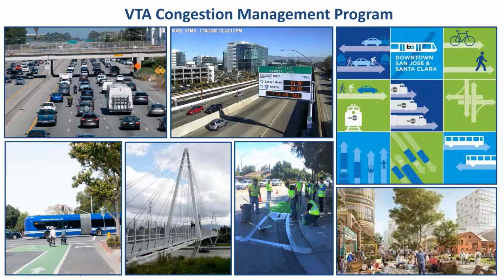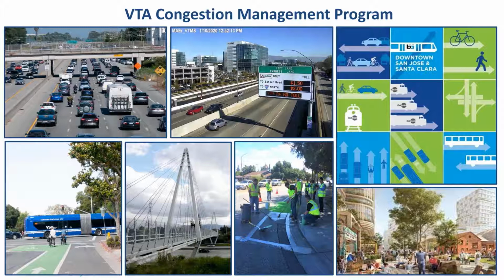For example, asking the developer to contribute towards the bike lane network. If there's a bicycle lane or if there's a gap in front of their development, the local cities will ask the developer if they can make contributions to that.